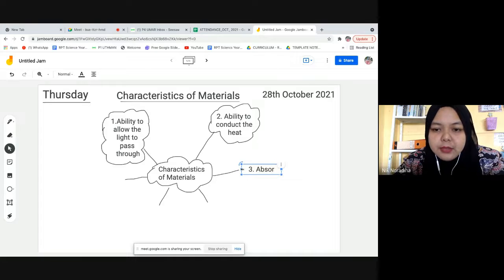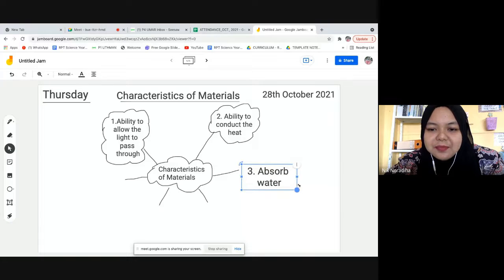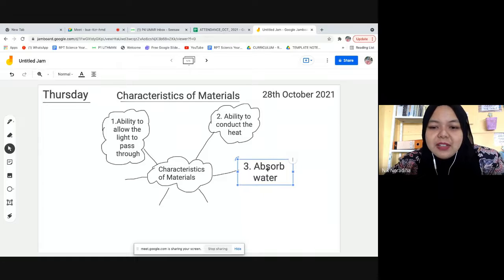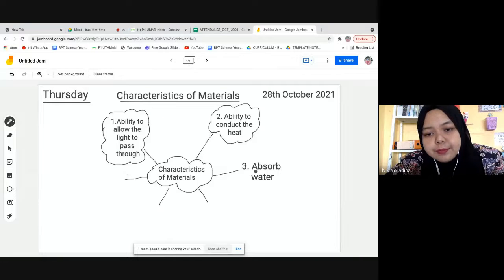Yes, thank you, Koyim, correct. Okay, water absorption: the ability of that object to absorb water, or is waterproof.